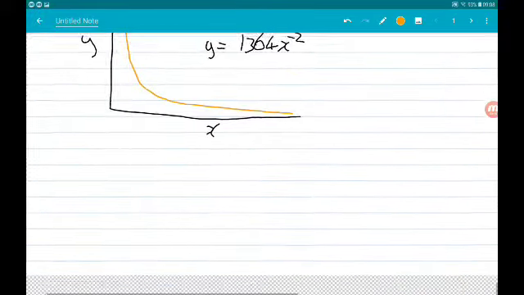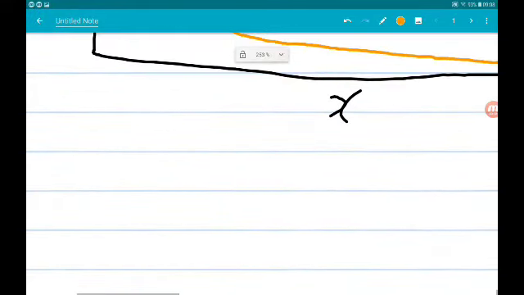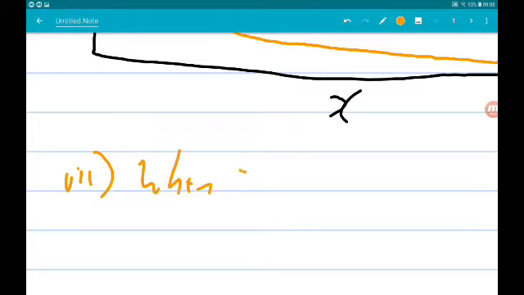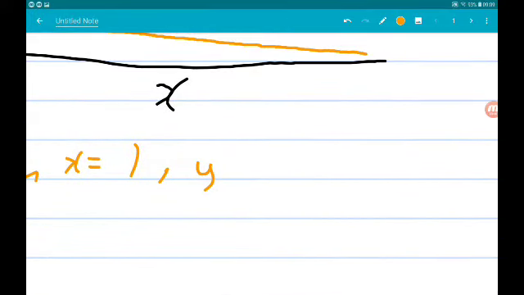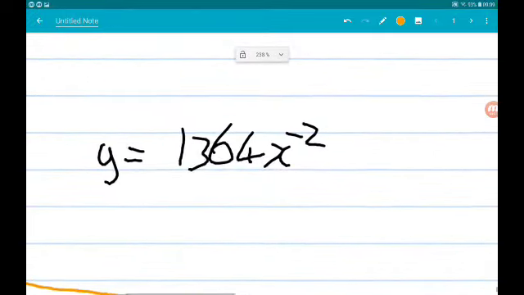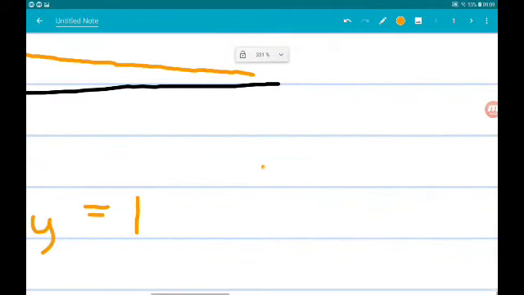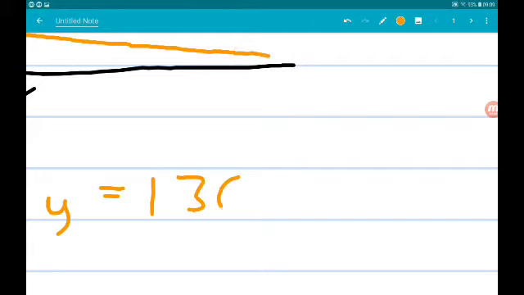So, all that we're doing is substituting x equals 1 into our equation for y. So when x is 1, y is 1,364 watts per meter squared. Cool.